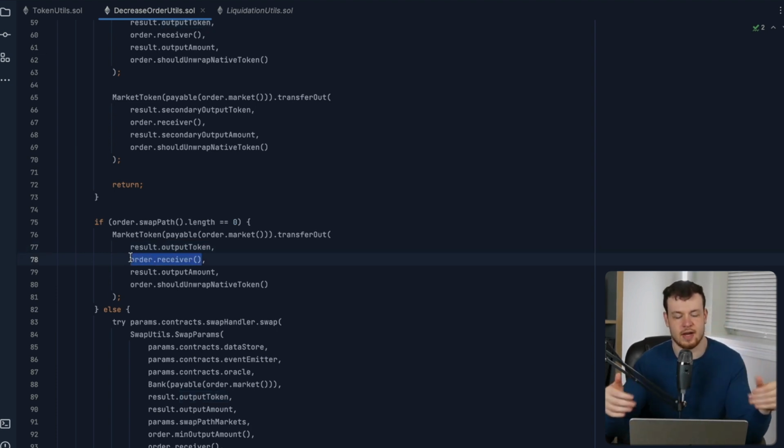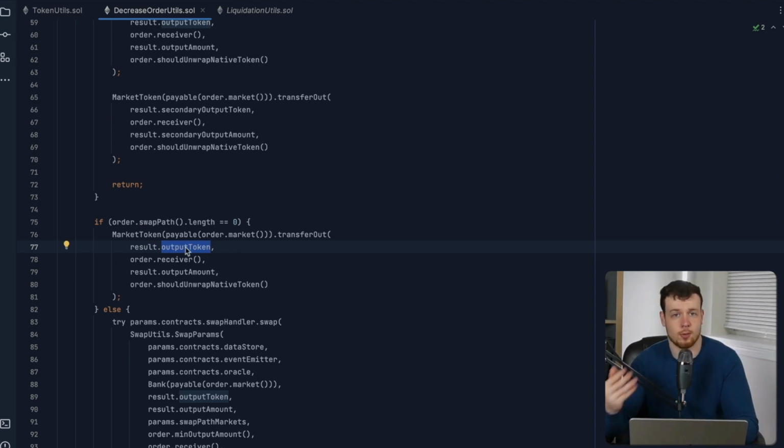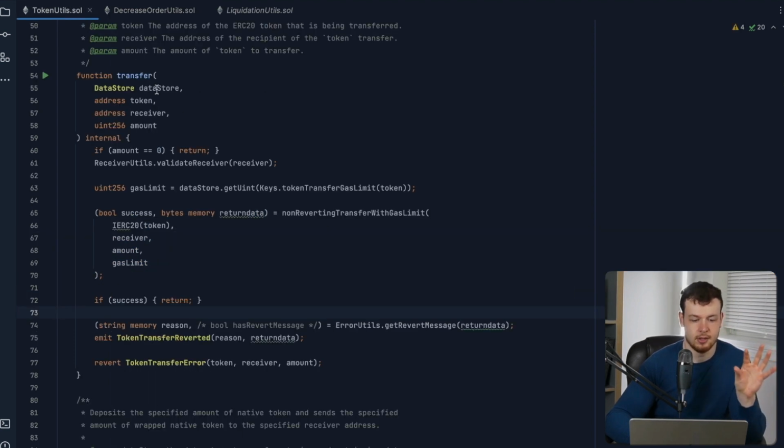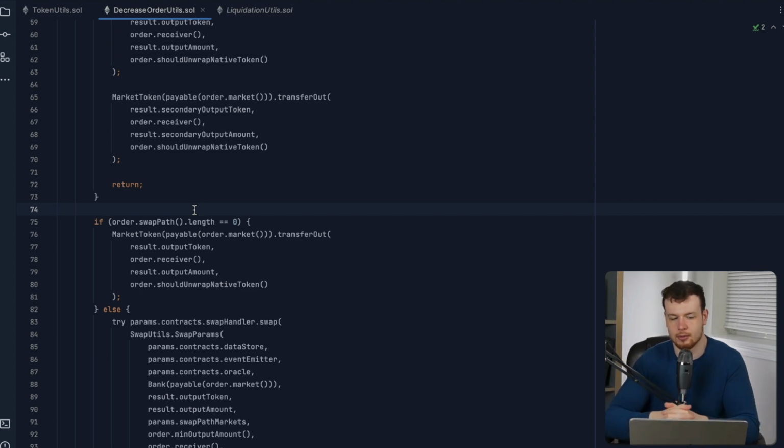So let us ask ourselves, what happens here if the order.receiver is actually blacklisted for this particular output token? Well, then of course, any sort of decrease order that comes here and attempts to do this transfer out, which will ultimately interface with this transfer function in token utils, that order execution will revert. Well, now we literally just talked about liquidations that keepers need to be able to make on the exchange, and that this is a particular type of decrease order.